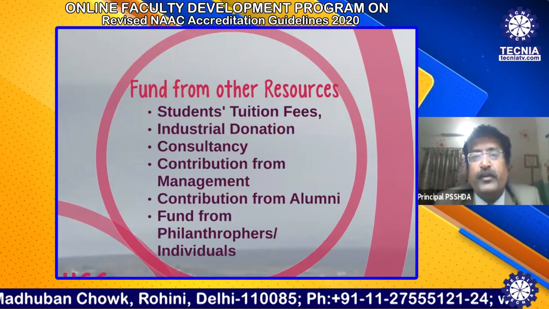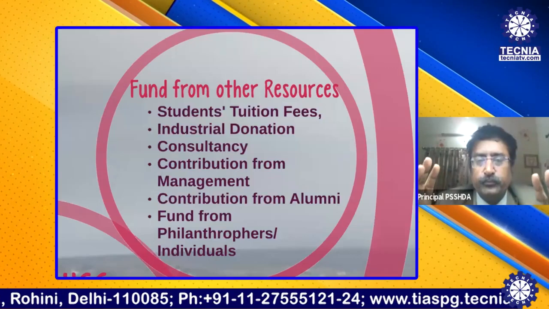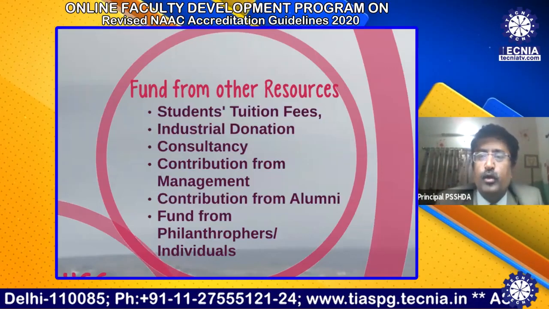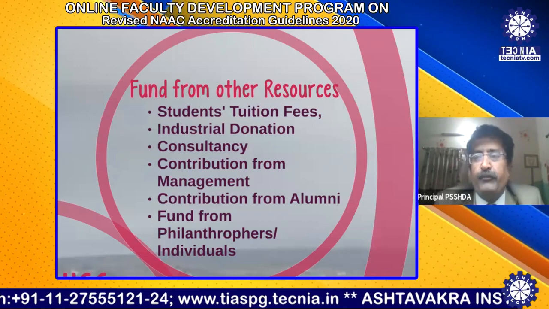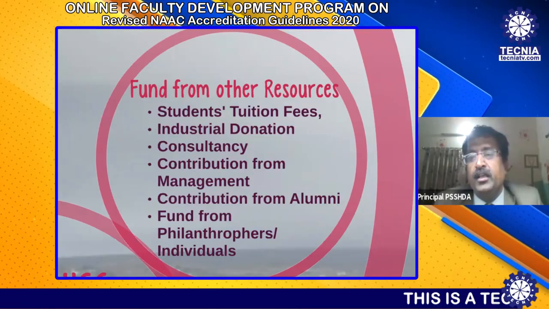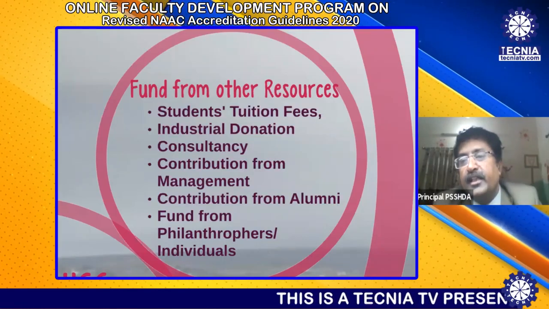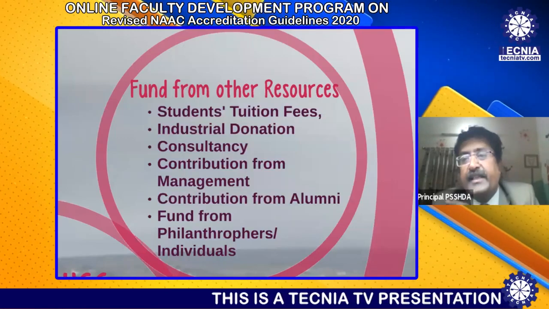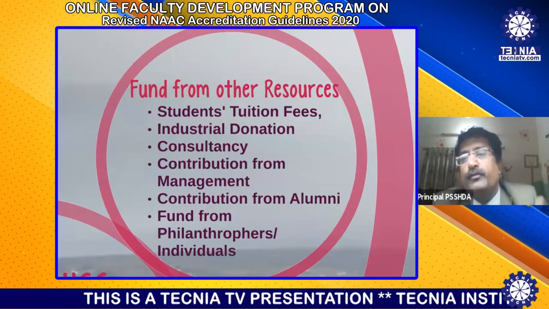But our management decided to construct a different kind of indoor stadium which can be used for multi-purpose events. We can have an indoor stadium as well as a cultural hall of 1500 capacity. So we have constructed this indoor stadium with 70 lakh grant from UGC and 4 crore contribution from management.